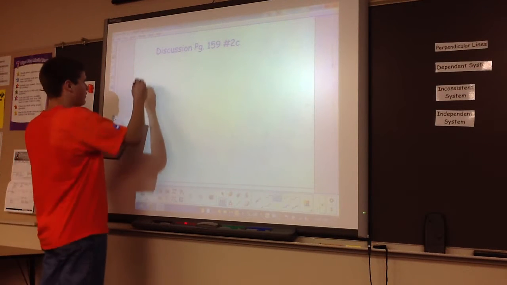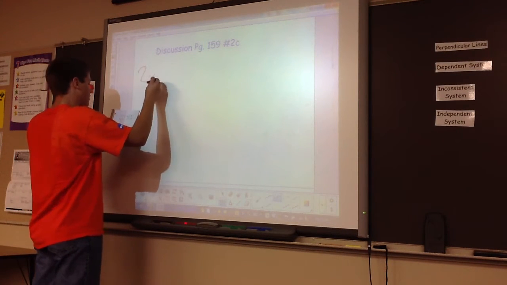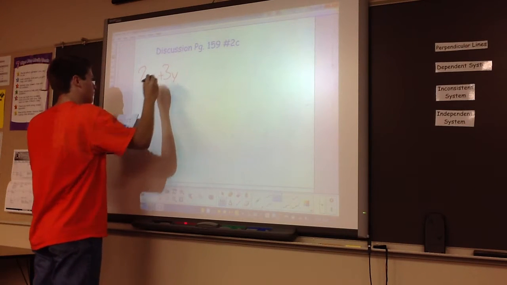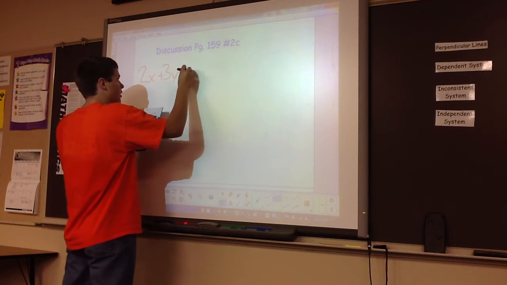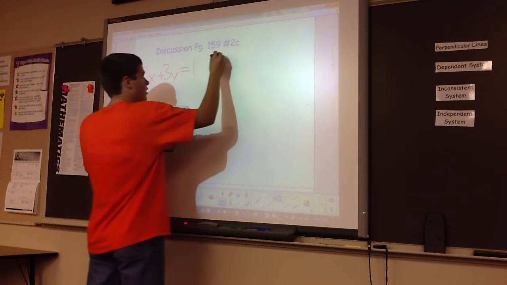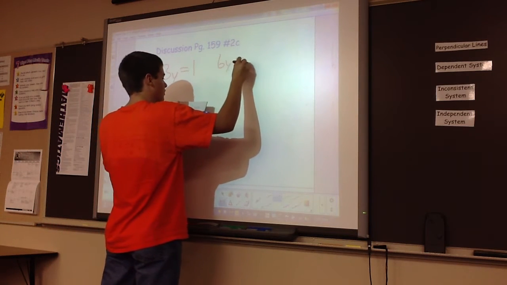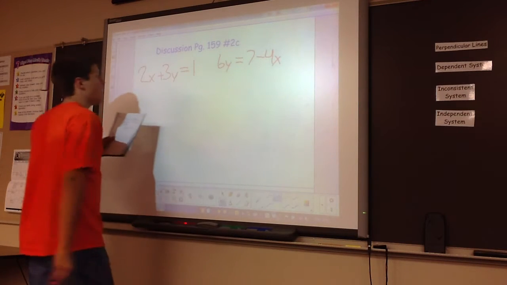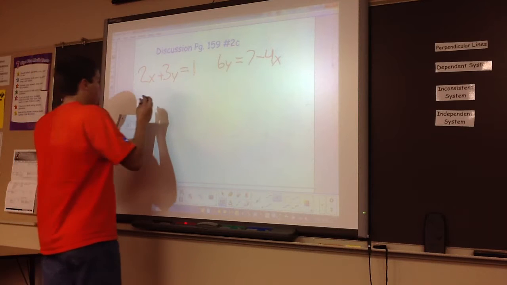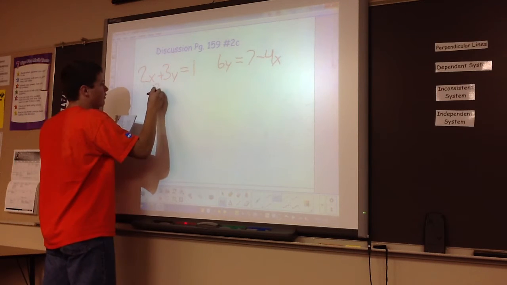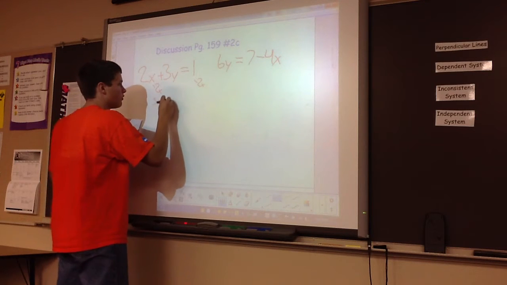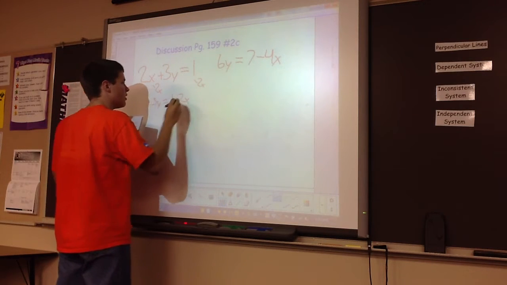So the book gave us the equations 2x plus 3y, I think, equals 1, and 6y equals 7 minus 4x. So on this one, I subtracted 2x from both sides and got 3y equals 1 minus 2x.